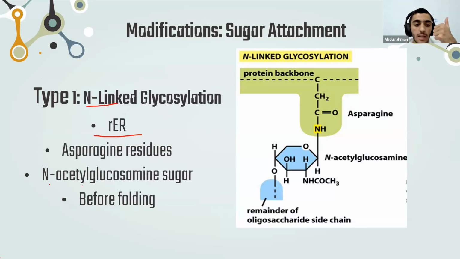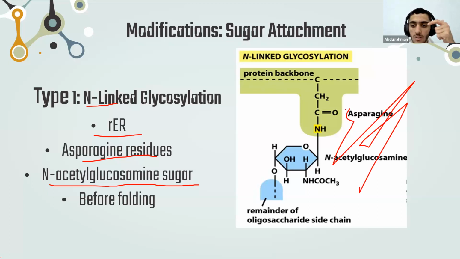It's basically adding an N-acetylglucosamine sugar on asparagine residues, as you see the asparagine right here. So on asparagine you add this sugar, N-acetylglucosamine, and it happens before folding. Why is it happening before folding? How to remember that? Because it's in the endoplasmic reticulum.